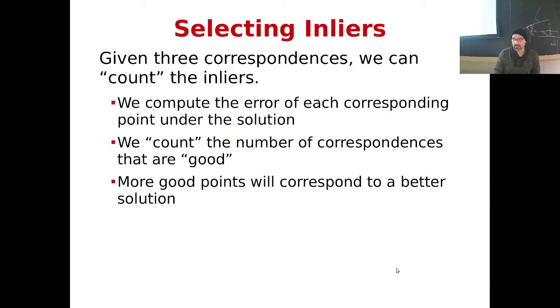And then once we have three correspondences and we have the solution, we could calculate how many of these correspondences are good. How? Well, we calculate the error for each corresponding point pair under the solution. We just apply the transform and we see how distant are the points that are said to correspond.